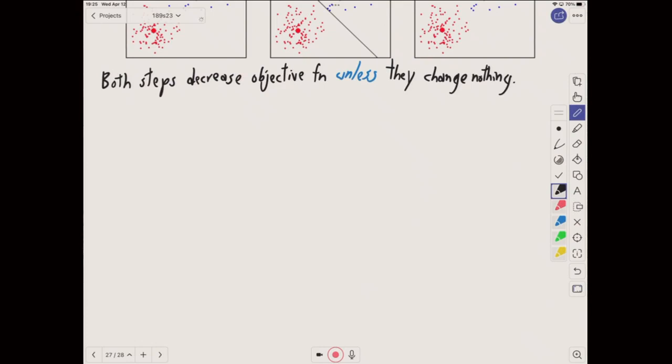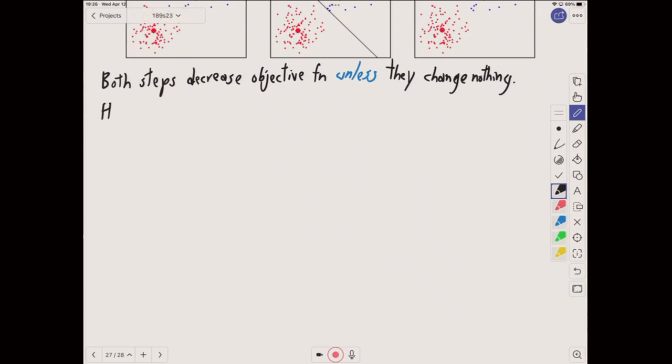And that is good news because what it means is that the algorithm will never loop back and return to a previous assignment that you visited in the past. It's always, in a sense, making progress downhill. It can never go back uphill.